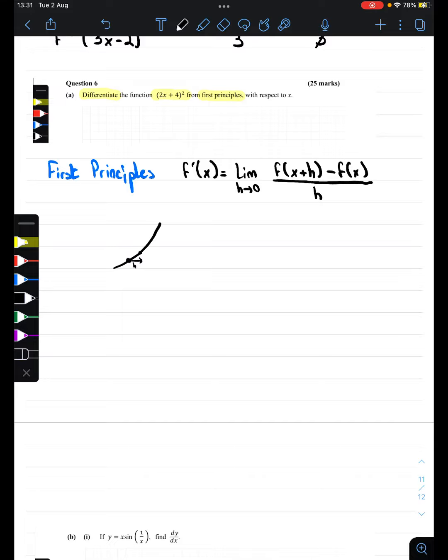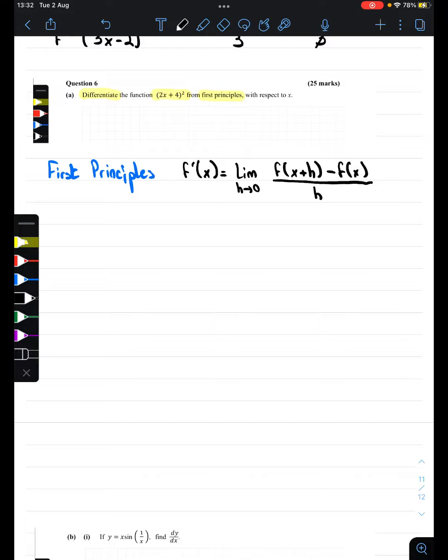And so the slope of the function at this point is approximately the rise over the run. This is approximately the slope of the function at this point. As h gets smaller and smaller, this approximation gets better and better. So as h approaches 0, it becomes exactly the derivative. That's literally how we define the derivative.